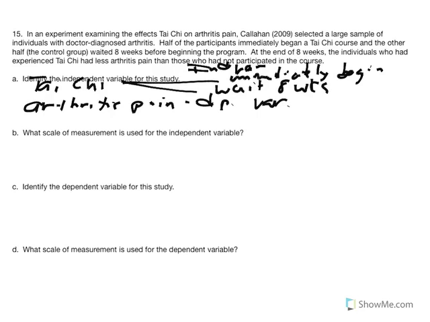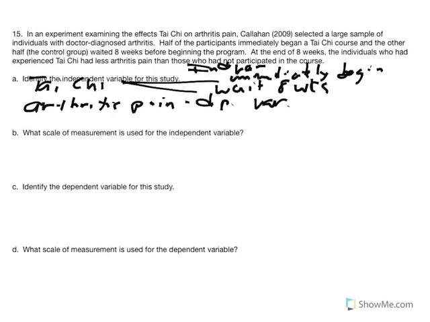So again, we know we're working with an experiment because we have a true independent variable, and we're allocating individuals into these different categories. Those who get the Tai Chi program immediately, and then those who have to wait 8 weeks. And then we're going to measure how that program, the Tai Chi program, affected their arthritis pain.